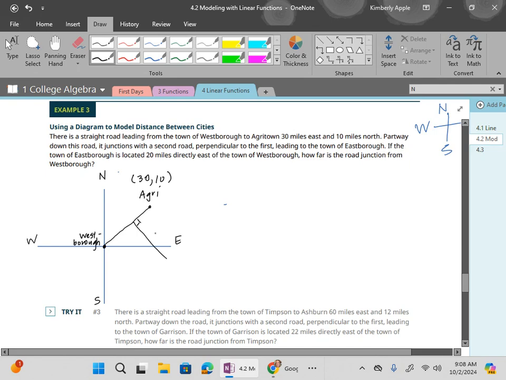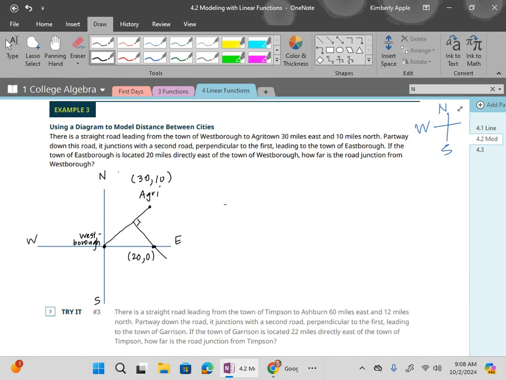Okay. 20 miles directly east. It's going to be there. So what's this coordinate going to be? 10. Okay. Why? Oh, I see it. Okay, yeah.